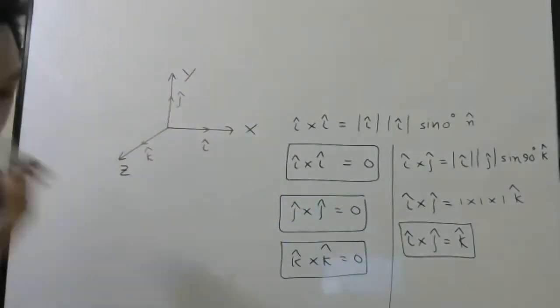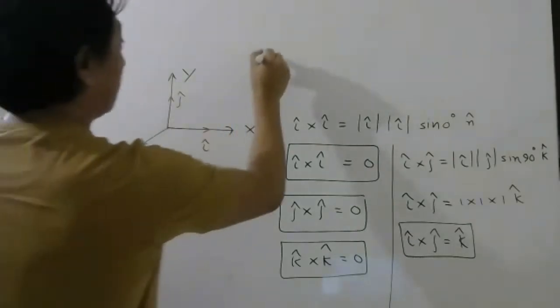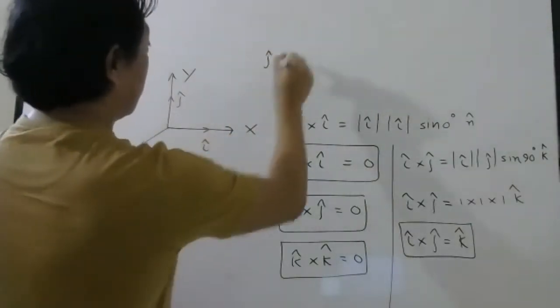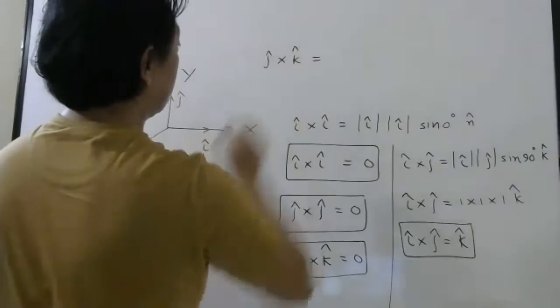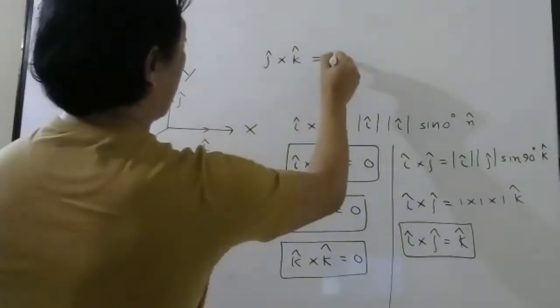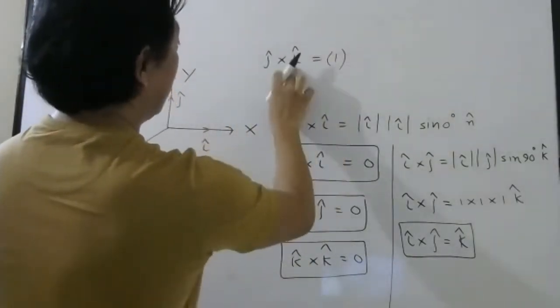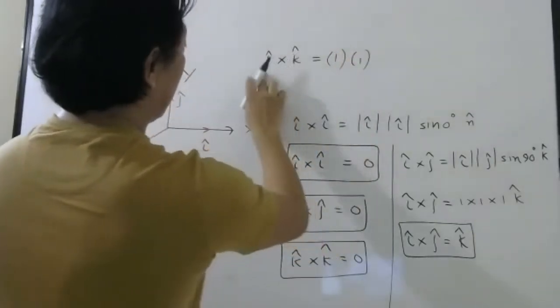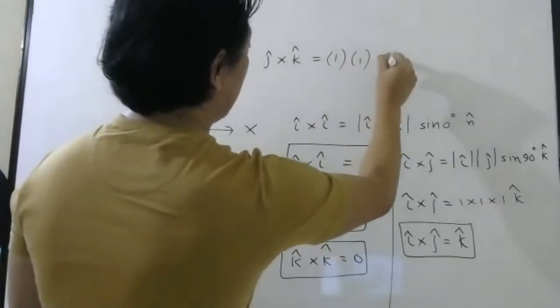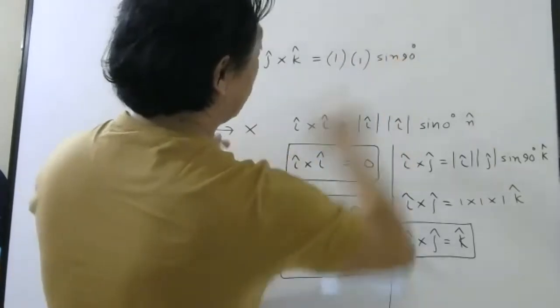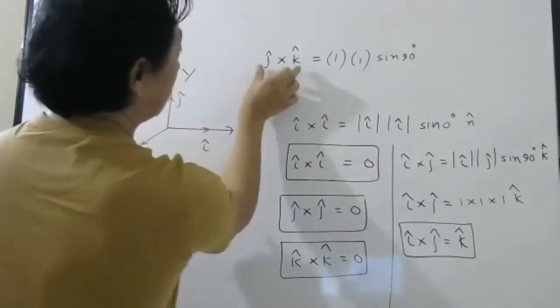Let us ask j cap cross k cap. Magnitude of this is 1, magnitude of this is 1, the angle between these two is 90, so sine 90. Now I have to write a unit vector in the direction of this vector.